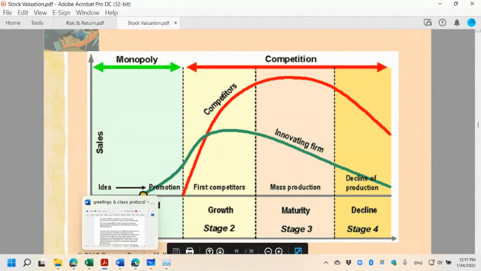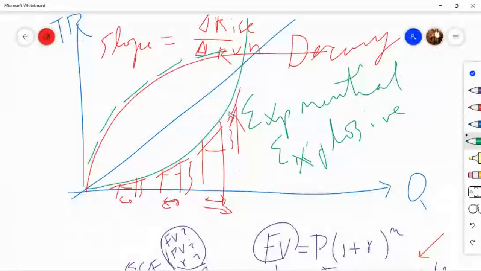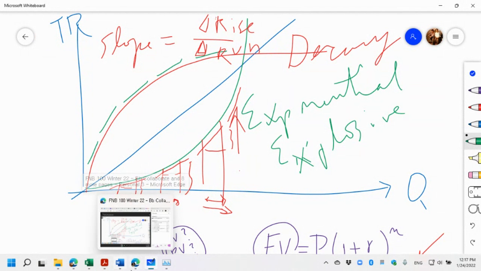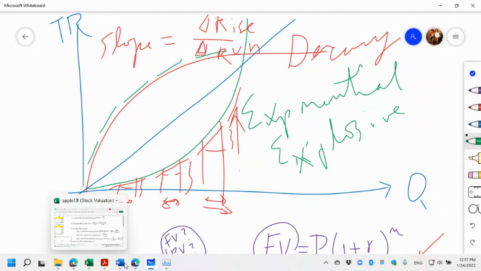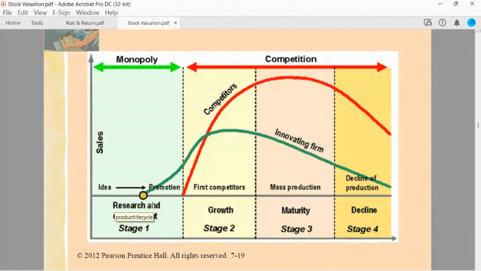This pattern is representing exploding growth. Early on, when there is no competitor and the innovating firm has a complete monopoly of the market, their growth is exponential.